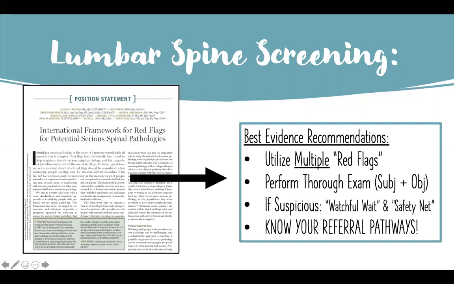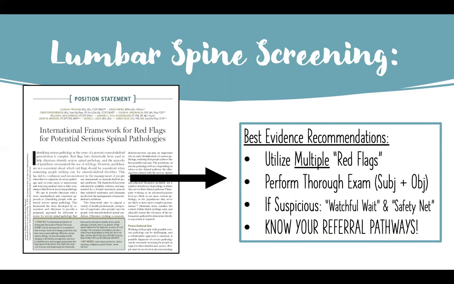So again, coming back to the position paper, here are the recommendations that I think can carry us through this decision-making process as we talk about screening in the lumbar spine. We want to utilize not just one red flag, but multiple, and we want to use the ones with the best diagnostic accuracy to rule in or rule out this pathology, or to at least guide our decision making on whether we should refer for further testing.